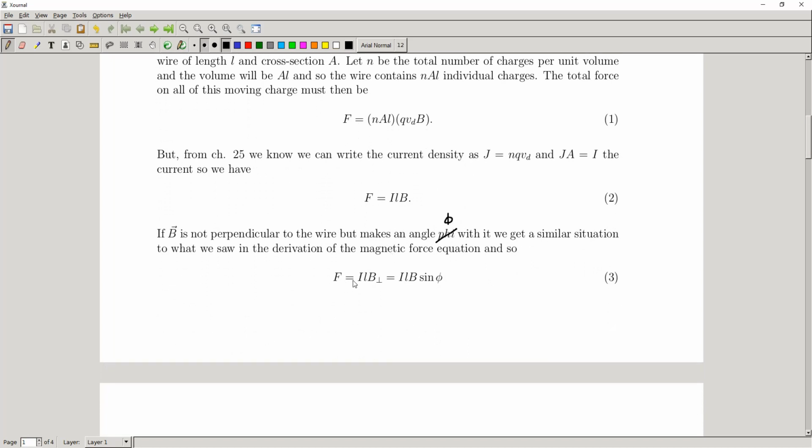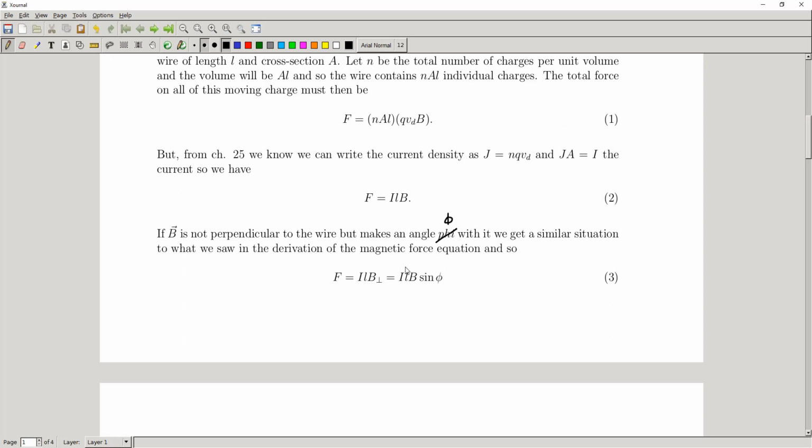We're only really interested in the portion of B that's perpendicular to the wire, so we can write it in terms of the sine of the angle phi, which is the angle between B and our length segment L, right? So we end up with this expression here.